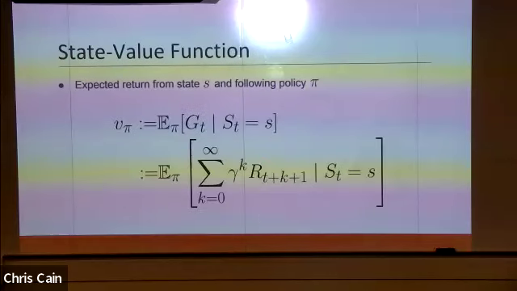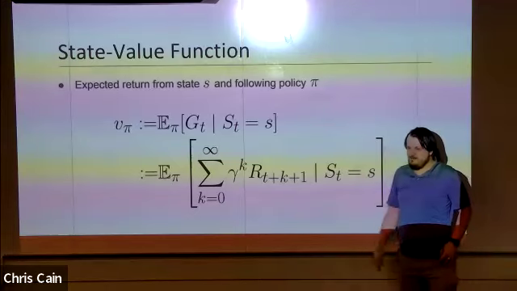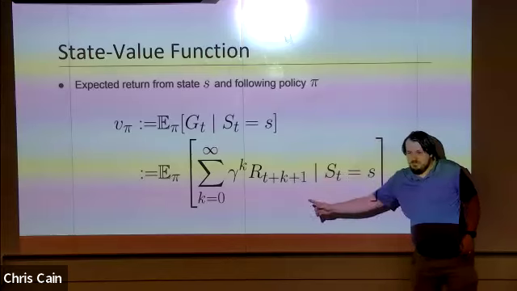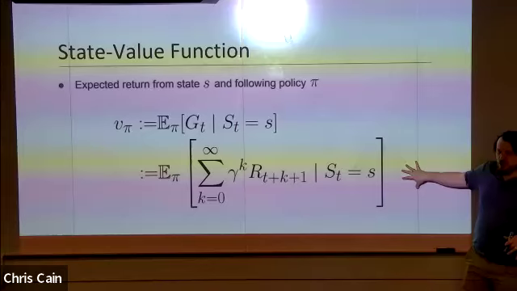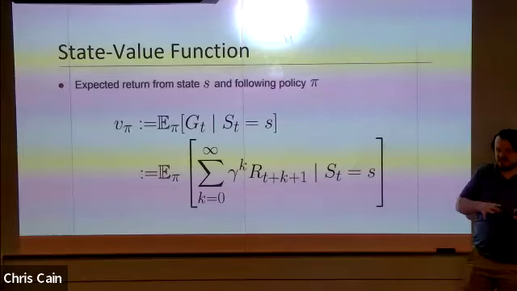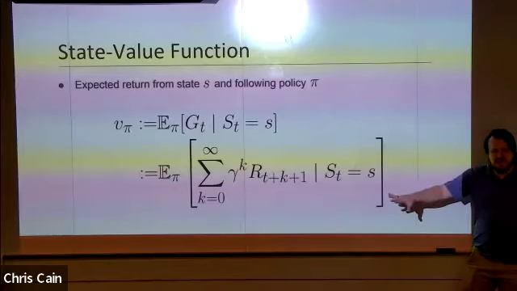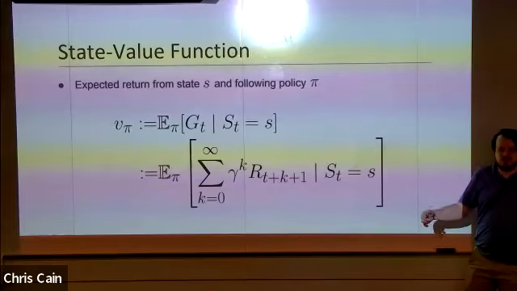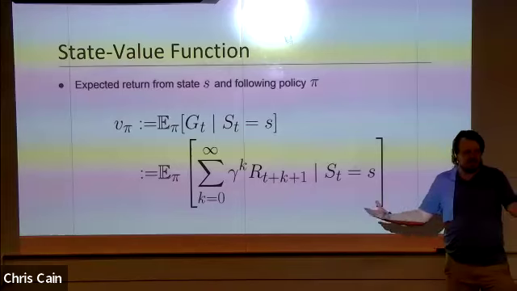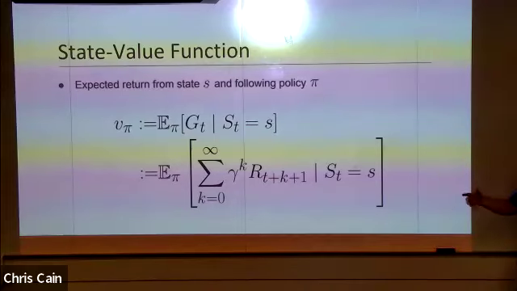On the other hand, we need to figure out, given that we're in a particular state and we have defined a particular policy, what is the expected return at the end of this episode? Or if we have a continuous process, what is the limit as time approaches infinity? Because we're going to get an exponential decay, so we're going to approach some actual return value as we look infinitely far into the future.